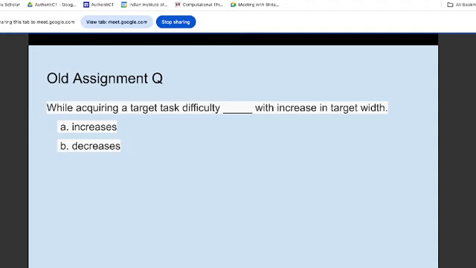We have one question in the old assignment about it. While acquiring a target, task difficulty, dash, with an increase in target width, will it increase or decrease? Sorry, the task difficulty will decrease with the increase in target width.